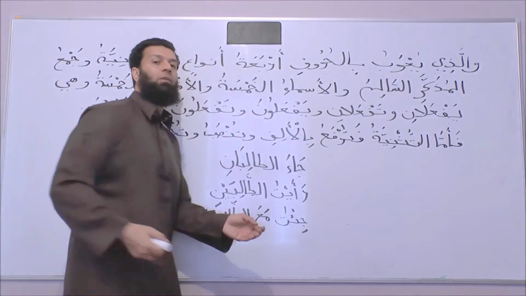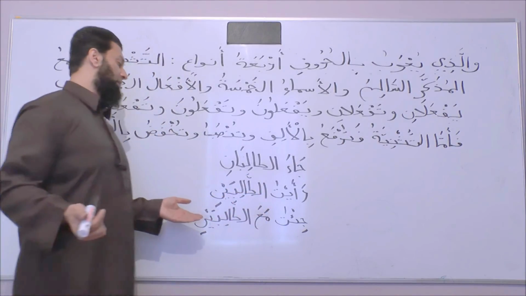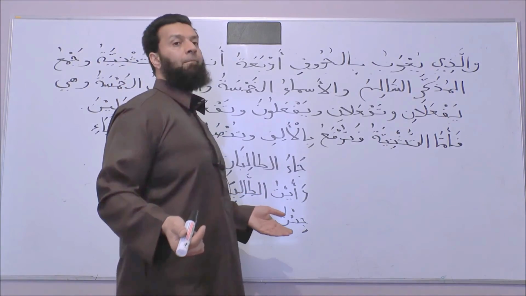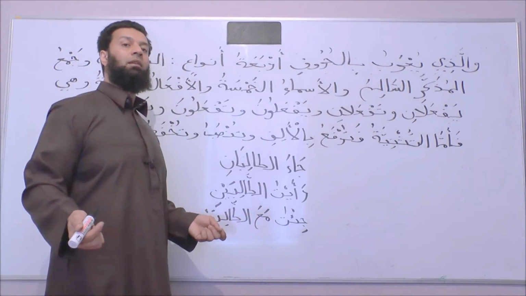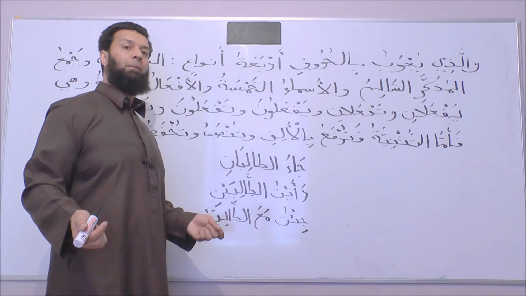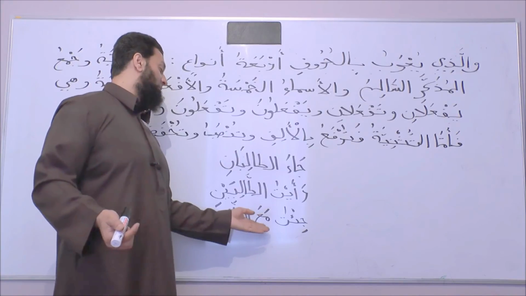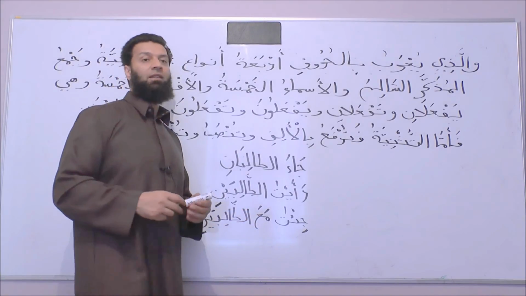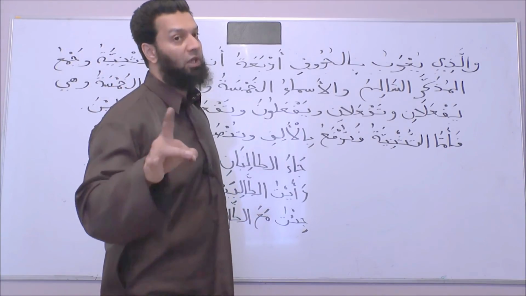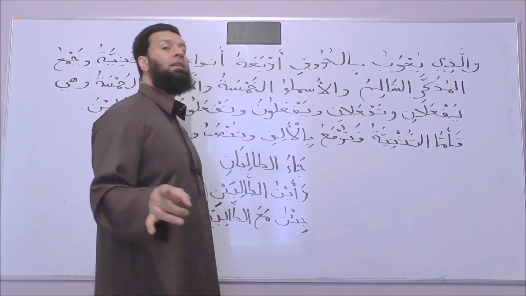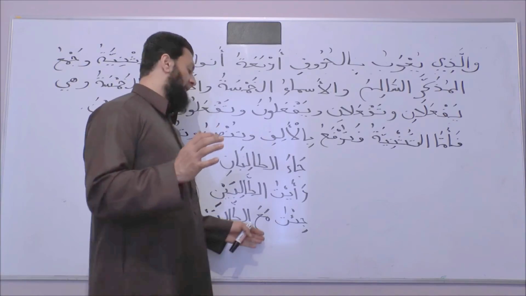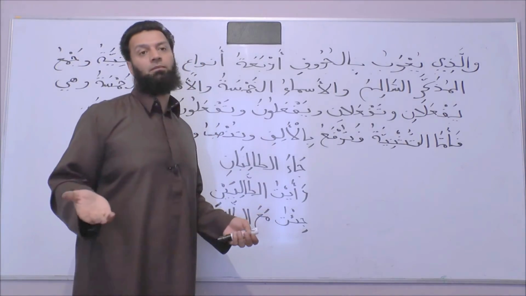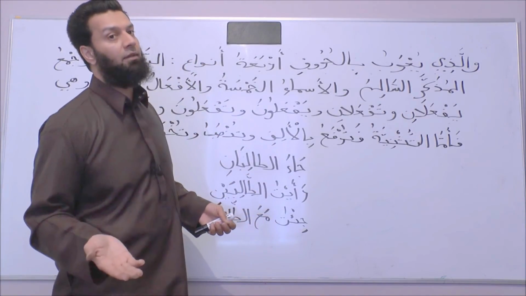جئت مع. What is مع? I think it makes something مجرور. But what type of word is it? It's not حرف جر. It is ظرف. مع is a ظرف. With.